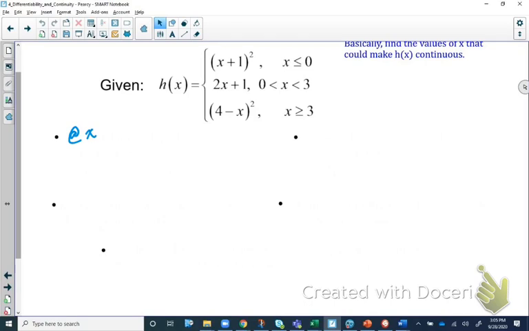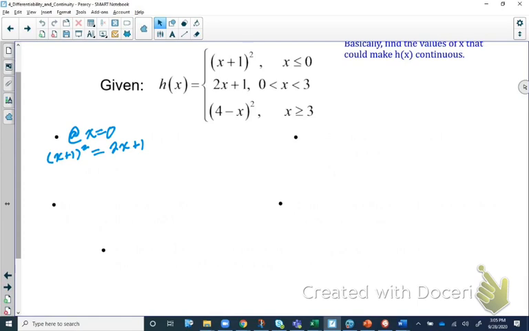So at x is equal to 0, we have to look at the domains of the pieces. So we have to evaluate it at 0, and we'll have to evaluate it at 3. At x is equal to 0, we can take the top piece, which is the x plus 1 squared, and set it equal to the middle piece, the 2x plus 1. Those two pieces should be equal to each other at 0 because their domains are going to interact at 0.